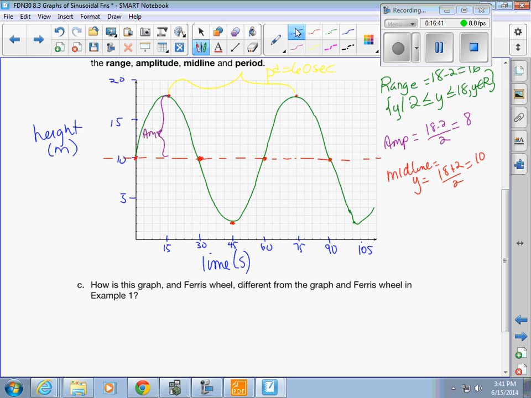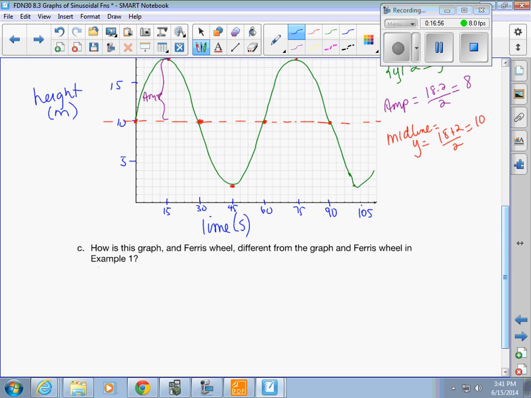That also means the diameter of the second Ferris wheel was a lot higher, because that amplitude of 5 is showing you the radius of your Ferris wheel. So Ferris wheel number 2 has a bigger radius, which means it has a bigger diameter.